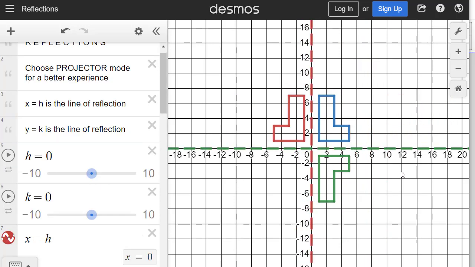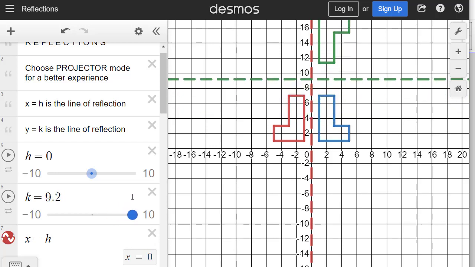If we now switch to a horizontal line of reflection, we can observe that as the line of reflection approaches where the pre-image is, the mapping to this image in green requires less space. On the other hand, as the line of reflection becomes farther away from the pre-image, the mapping to the image requires more space.